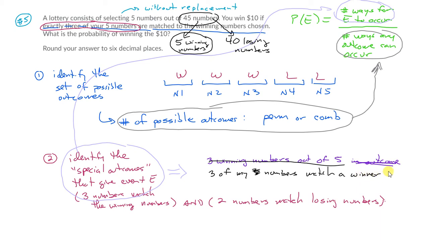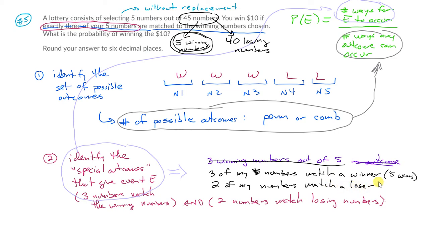What's a winner? And there's 5 winners. 5 winning numbers right here. And then the other 2, so that takes care of these guys. The other 2 of my numbers have to match what? A losing number.